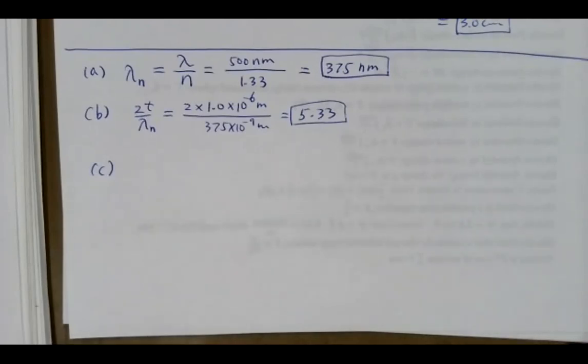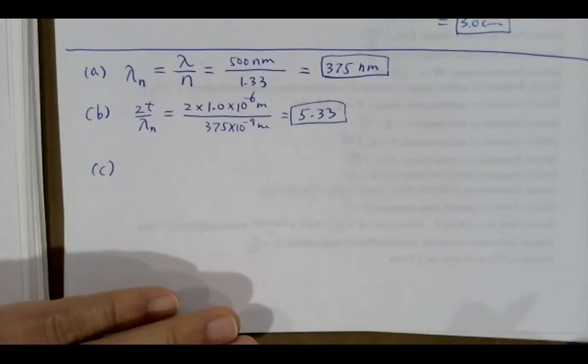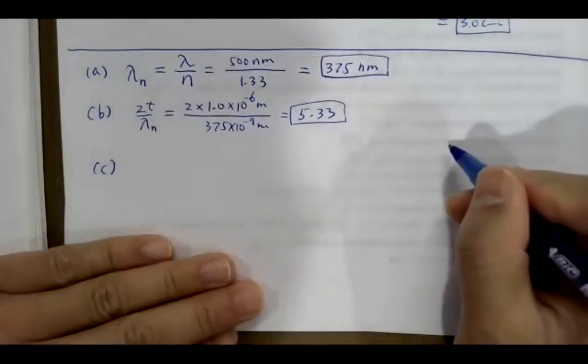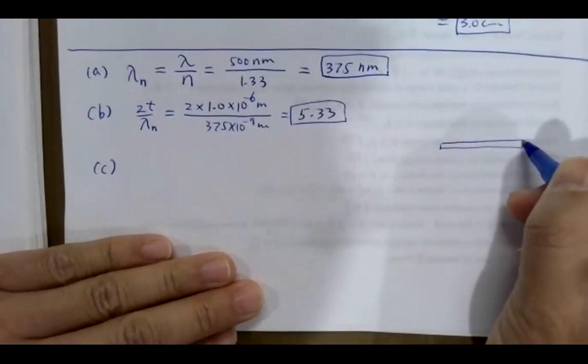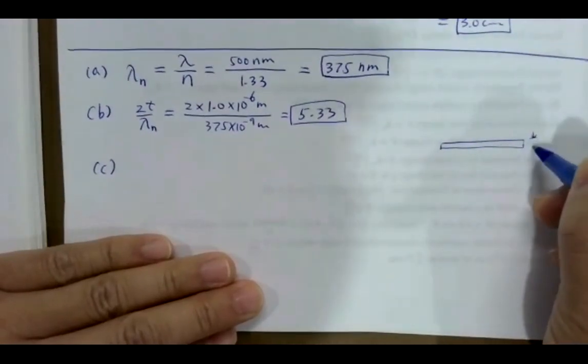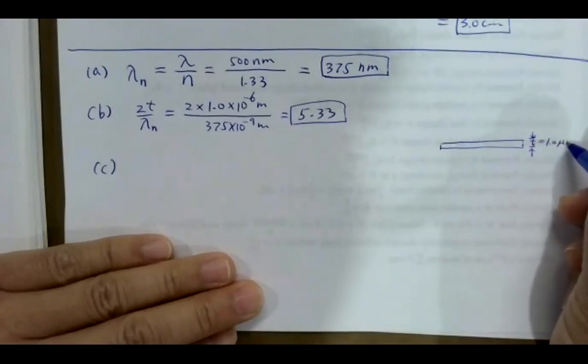C is asking what's the phase difference between the two waves reflected from the front surface and the back surface. So let's take a look here. Let's say this is your thin film of water with a thickness of t, that is 1.0 micrometer.